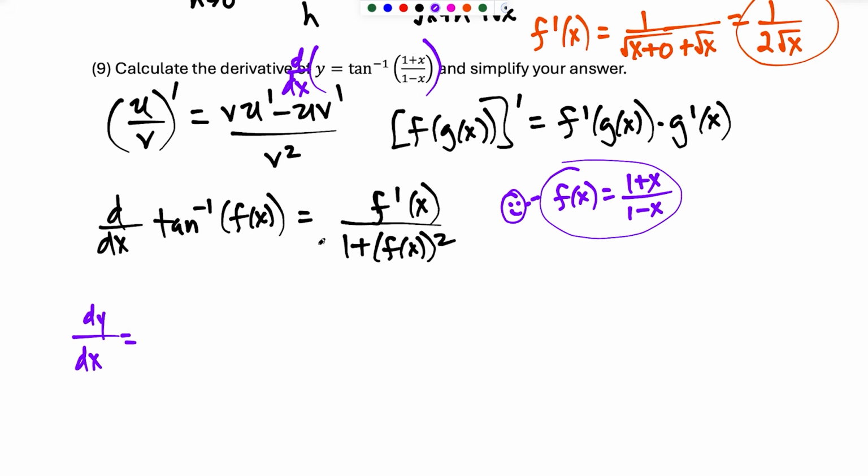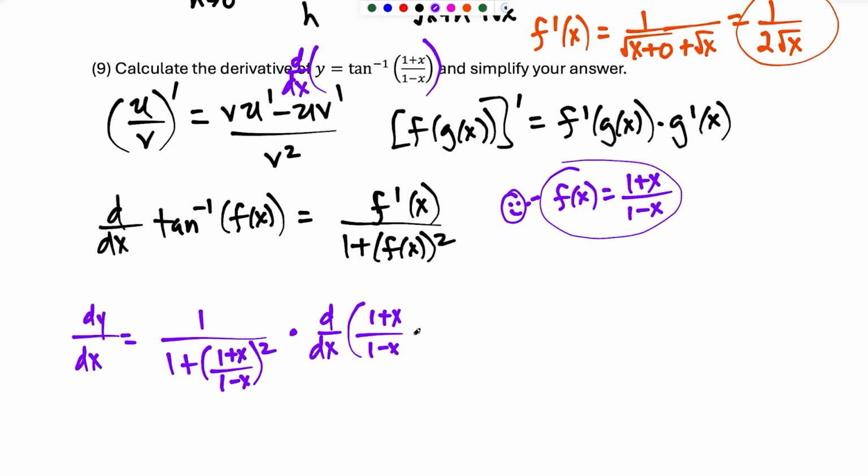So when I use this formula, I'm going to have 1 over 1 plus the inside function squared, so 1 plus x over 1 minus x squared. But then I'm multiplying by the derivative of the inside function, the derivative of 1 plus x over 1 minus x like this.